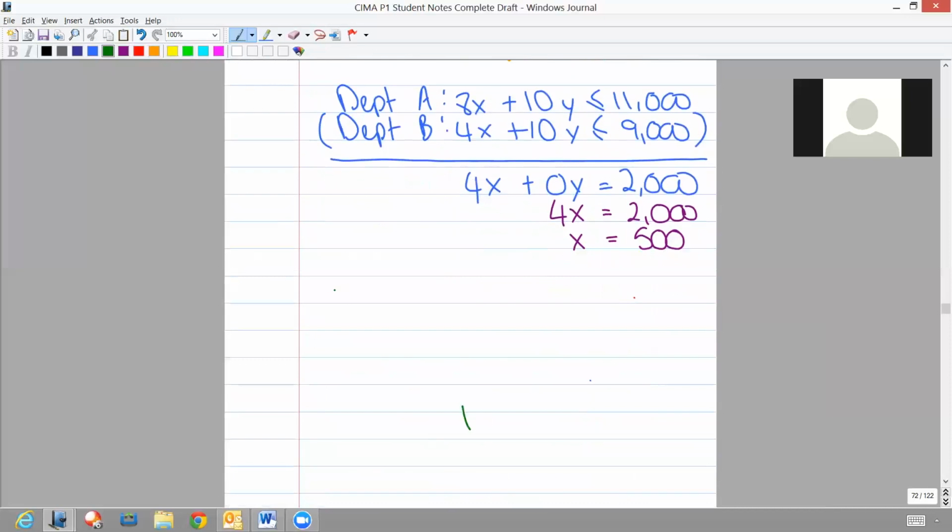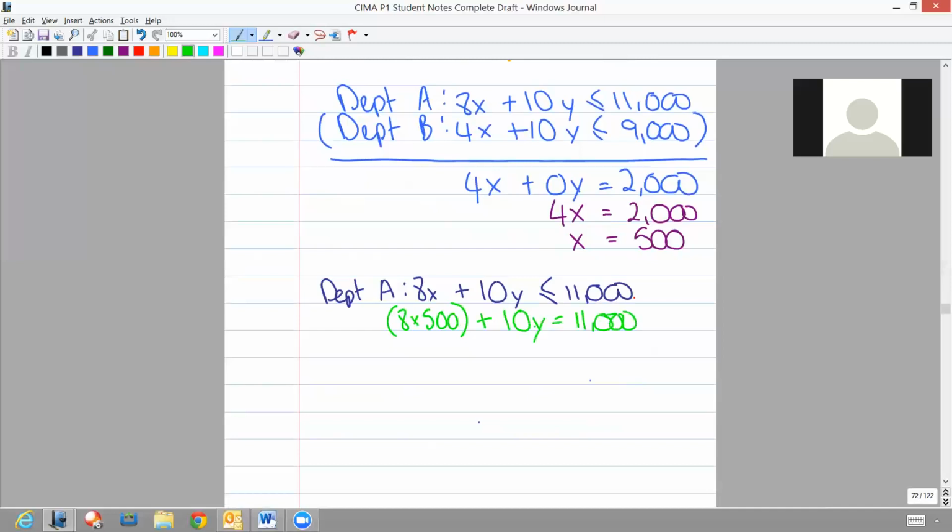So if we take the constraint of department A, being 8x plus 10y less than or equal to 11,000, we know the value of x, so we can now say 8 multiplied by the value of x plus 10y has got to be 11,000. 8 multiplied by 500 is 4,000, so we've used 4,000 of the hours in department A for producing 500x.